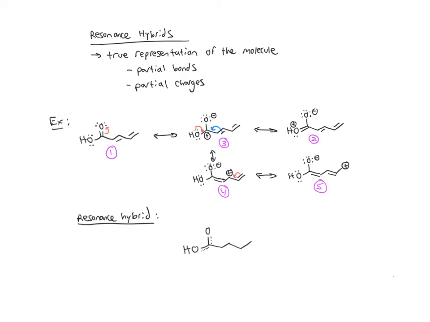So we can draw another partial bond. We take a look at this next bond here, and we see that it's a single bond in the original structure. It's still a single bond there, it's a single bond there, but we have a double bond here and here in these structures. So that means there's a partial bond in this location as well.